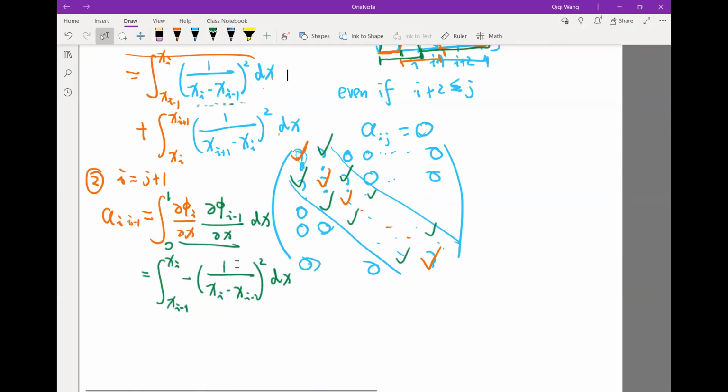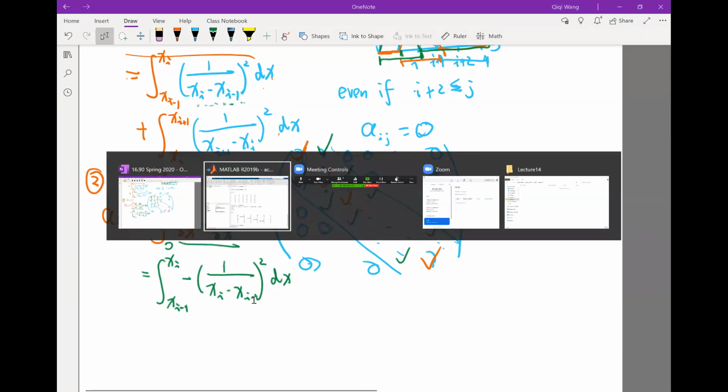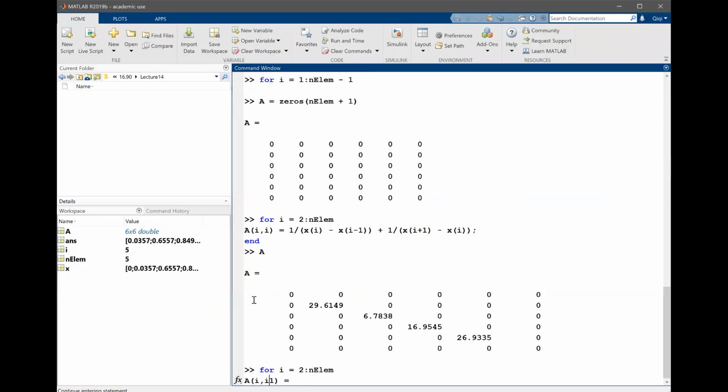The integrand is a constant. It doesn't depend on x, right? So multiply that out. We also get one of these squares canceled away. It's going to be a negative number, but it's 1 over (x_i minus x_{i-1}). So 1 divided by (x_i minus x_{i-1}).